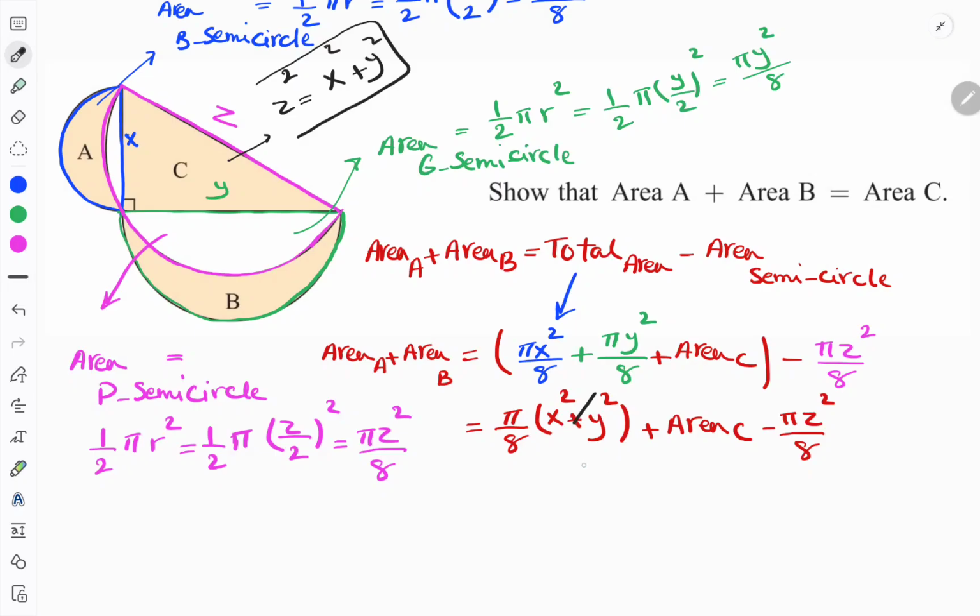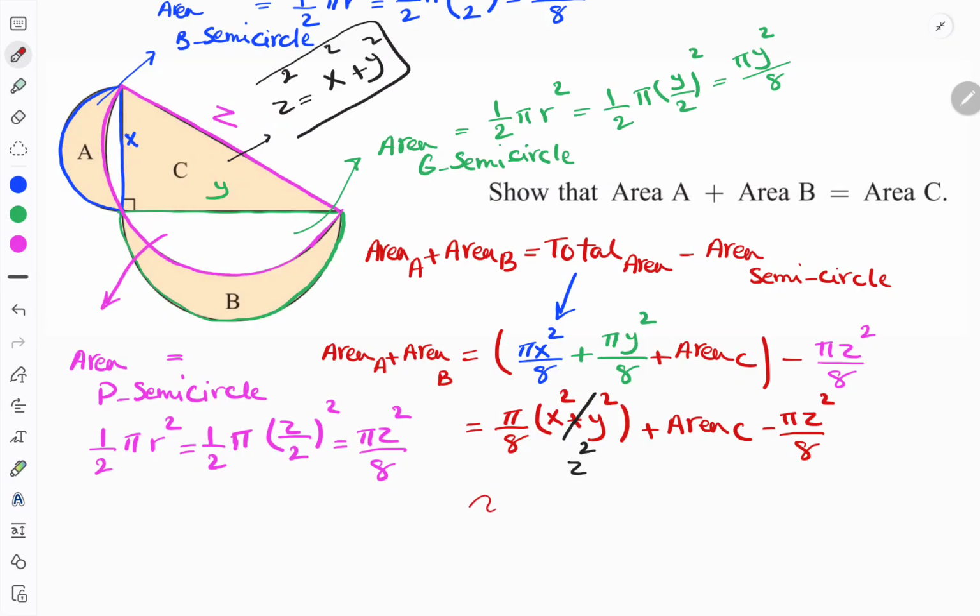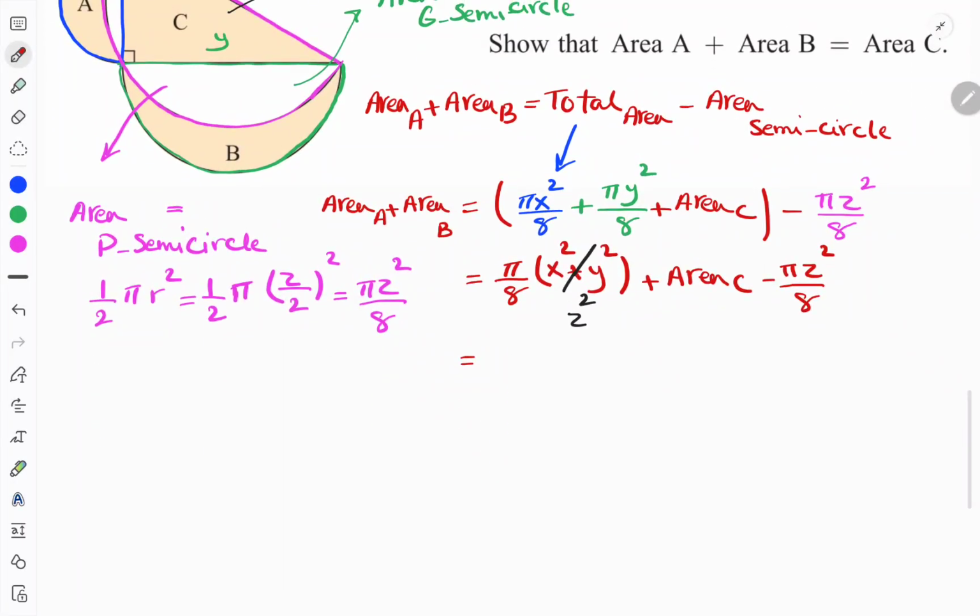So this is Z squared. So area A plus area B equals P over 8 Z squared plus area C minus P Z squared over 8, and we can cancel out these two fractions.